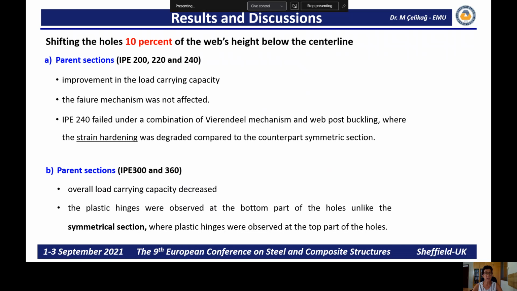IP 240 failed under a combination of Vierendeel mechanism and web post buckling, where the strain hardening was degraded compared to the counterpart symmetric section. And when we look at the deeper sections like IP 300 and 360, overall load carrying capacity decreased, and the plastic hinges were observed at the bottom part of the holes, unlike the symmetrical section where the plastic hinges were observed at the top part of the holes.